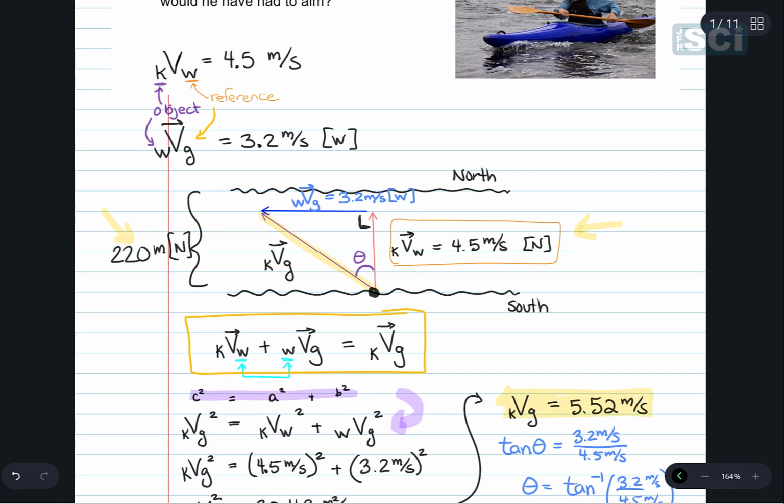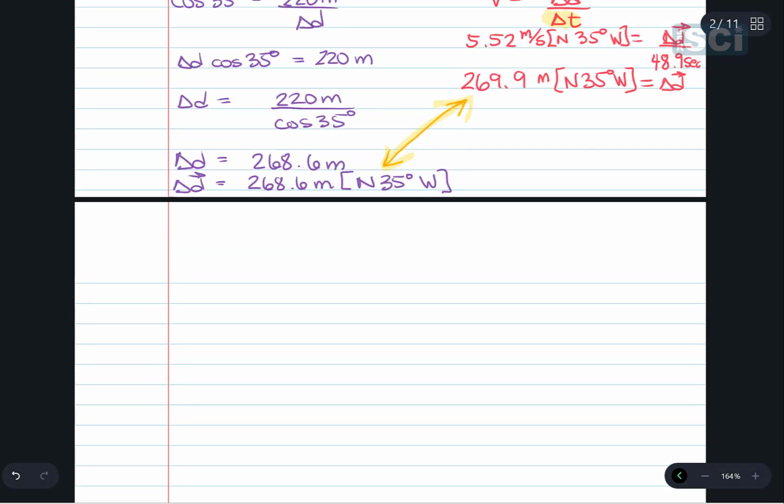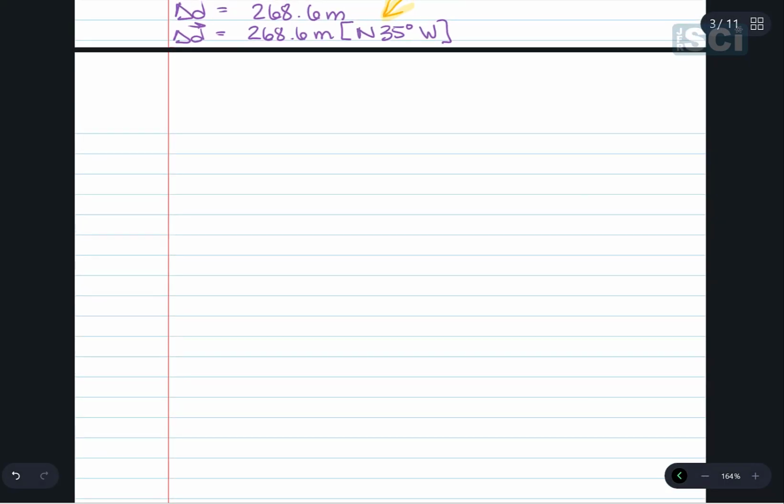Okay, so let's look at D. D says if the kayaker wanted to land straight across the river from their initial position, what angle would they have to aim at? Okay, so let's think about that part. So D, if I have my river here, there's my river, here's my starting position, and here's my ending position.